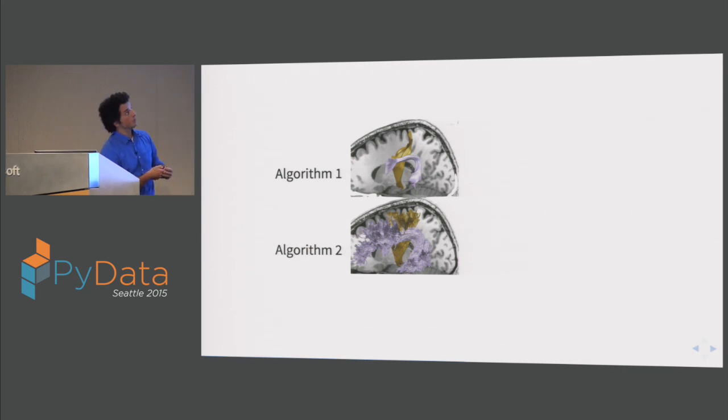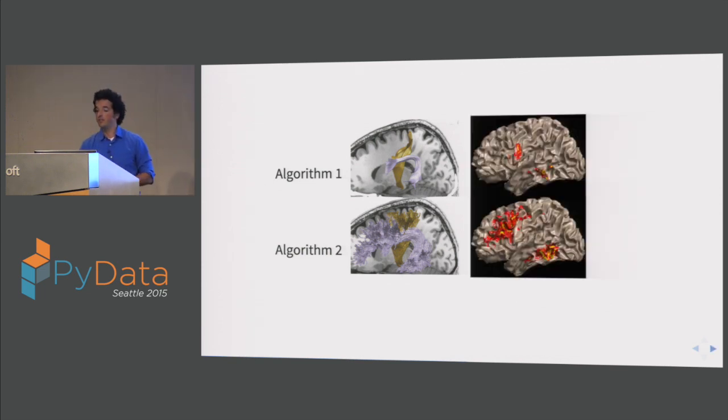It's called the arcuate fasciculus. It plays an important role in producing speech, in understanding speech. And depending on the algorithm that you use in this particular individual's brain, you might think that the arcuate fasciculus is this narrow, small bit that's fairly focused in its ends, or that it's this sprawling big thing.